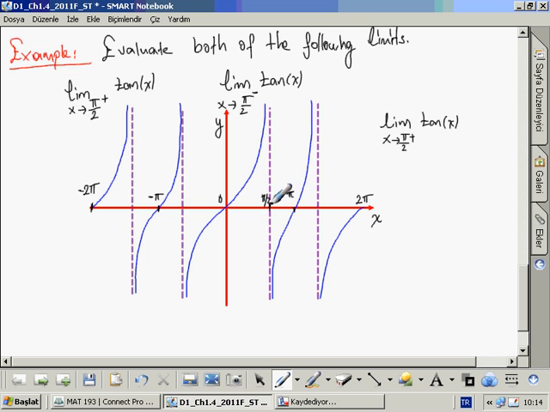When you approach pi over 2 from the right hand side, you will see your limit will be minus infinity, and when you approach the same point from the left hand side, your tangent values will go to plus infinity, as you see. So at this point the limit will not exist.